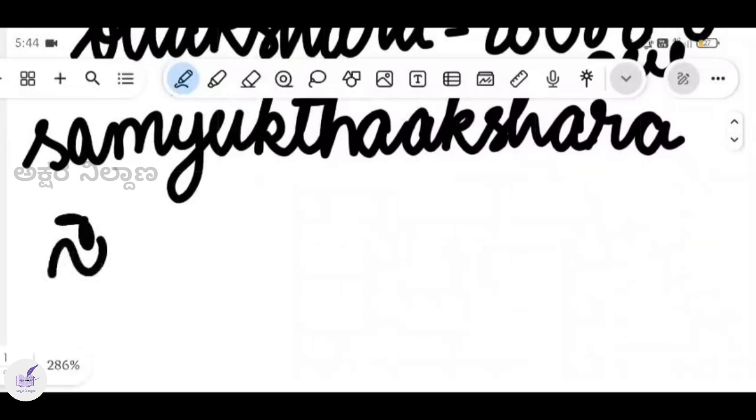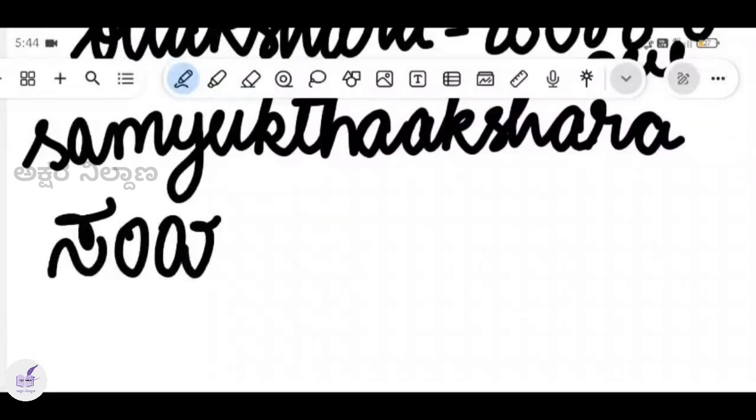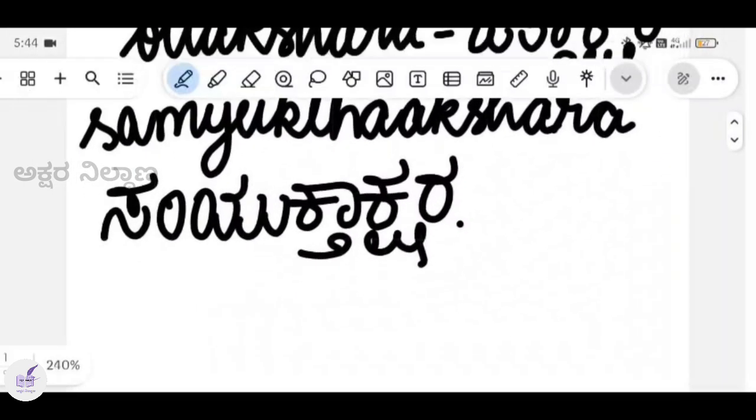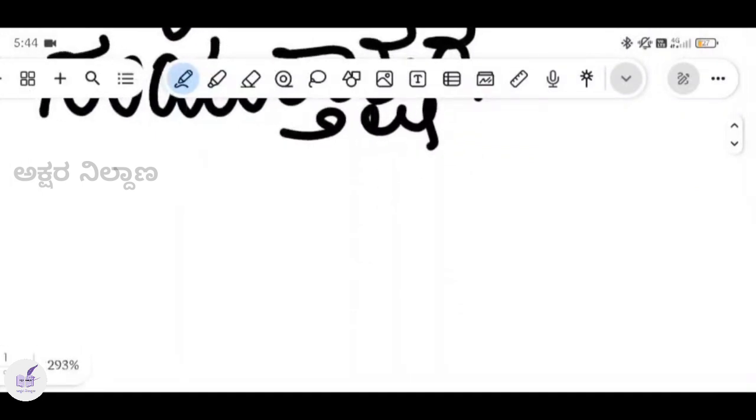The word Samyuktakshara is written like this. What do you mean by Samyuktakshara or Ottakshara?